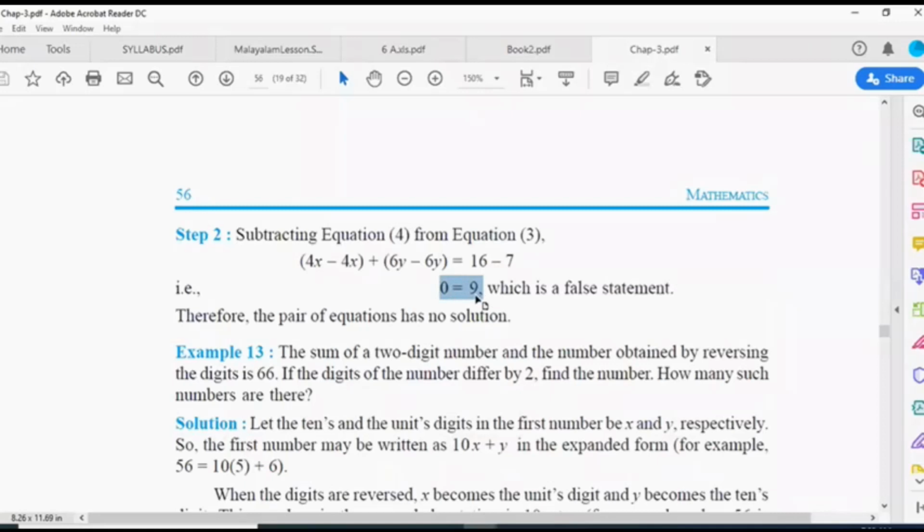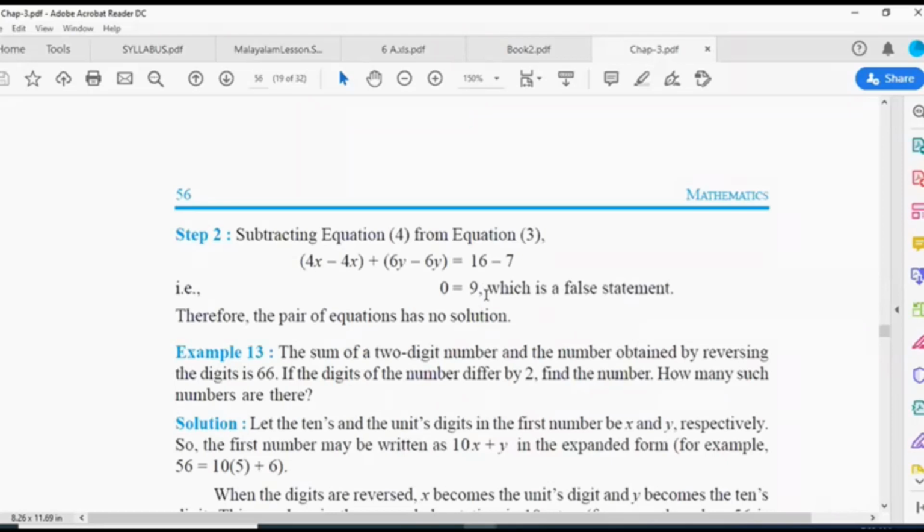For the substitution method, we have studied some rules, right? If we end with an equation without variable, and if the statement is wrong, the equations are inconsistent. There's no solution. If the statement is true, then we can say the given equations are dependent, and there will be infinite number of solutions.